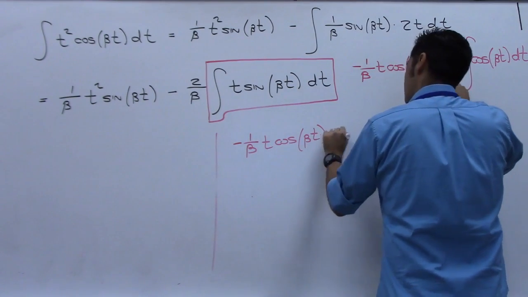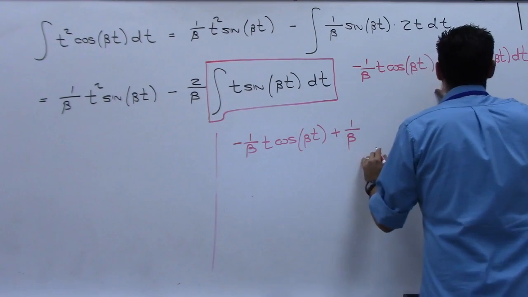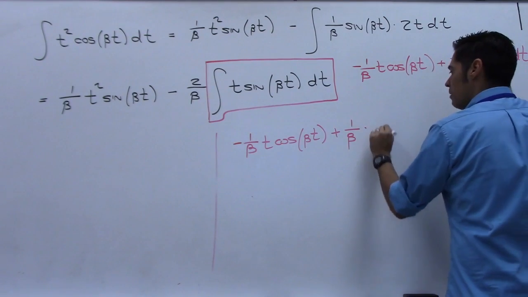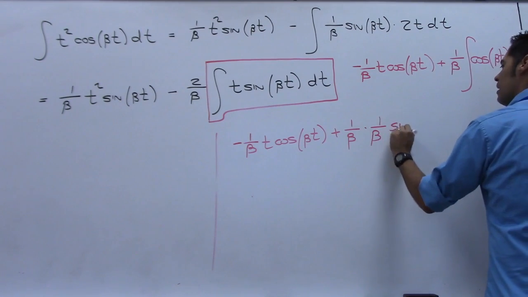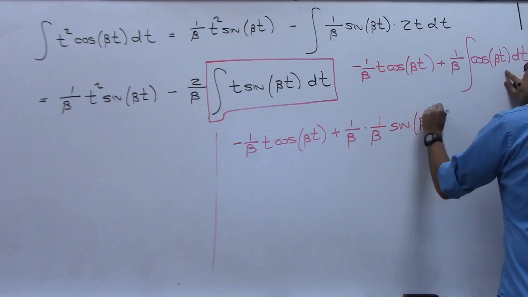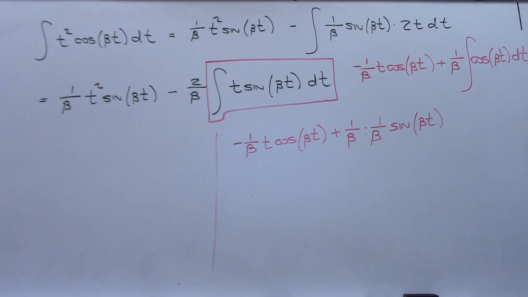I had plus 1 over beta, but then I just got another 1 over beta, right? 1 over beta again. When I integrated this, sine beta t plus c, but I'm going to throw it at the very end. I think I'm there. Any questions?